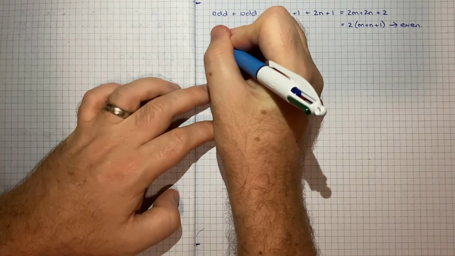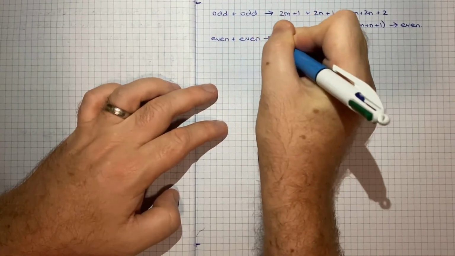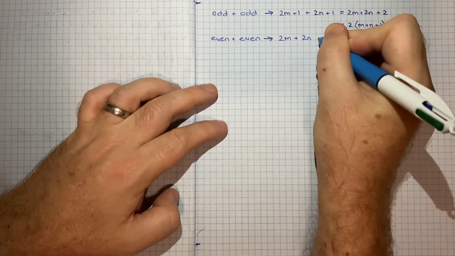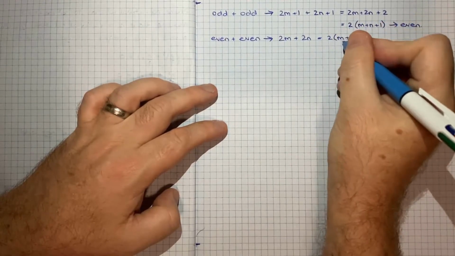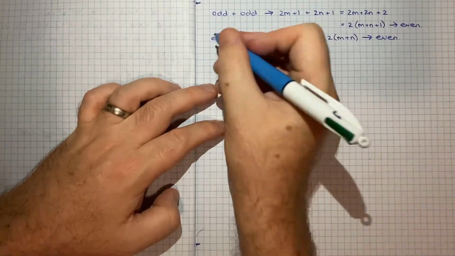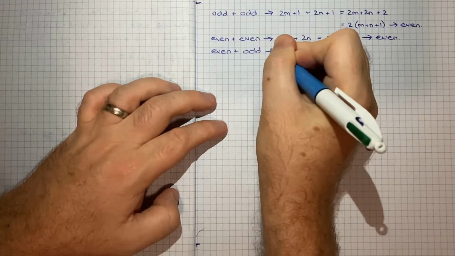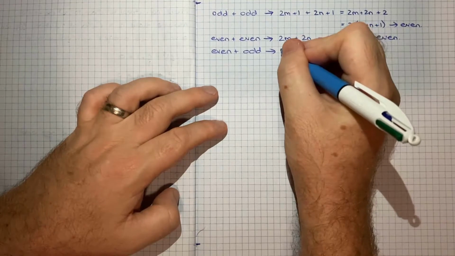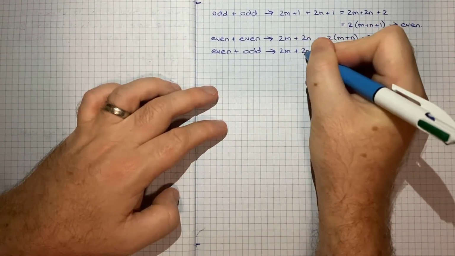If I take an even number plus an even number, that can be thought of as being in the form 2m plus 2n, which I can simply write as 2(m plus n), 2 times some integer, also even. If I do even plus odd, which will be the same as odd plus even, the order doesn't matter here, we'd get something in the form 2m plus 2n plus 1.